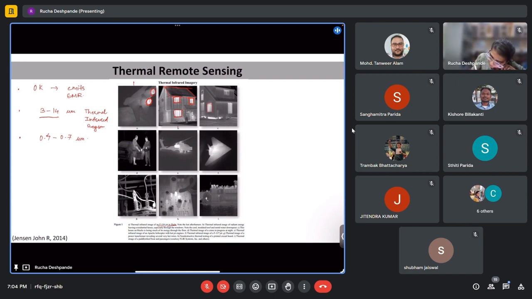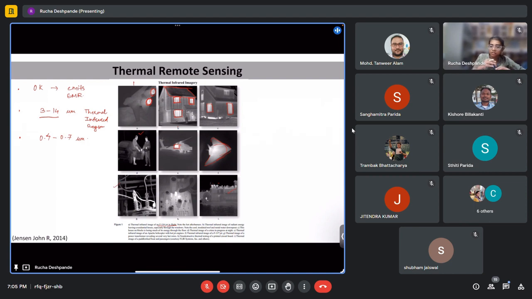Similarly, in the third image we can spot these people in the darkness. Here is the engine of this helicopter, and here there is a jet which is appearing brighter. This image in G is the thermal image of a power transformer revealing very hot wires, and so on. This is a boat, and we can spot all the people surrounding it.